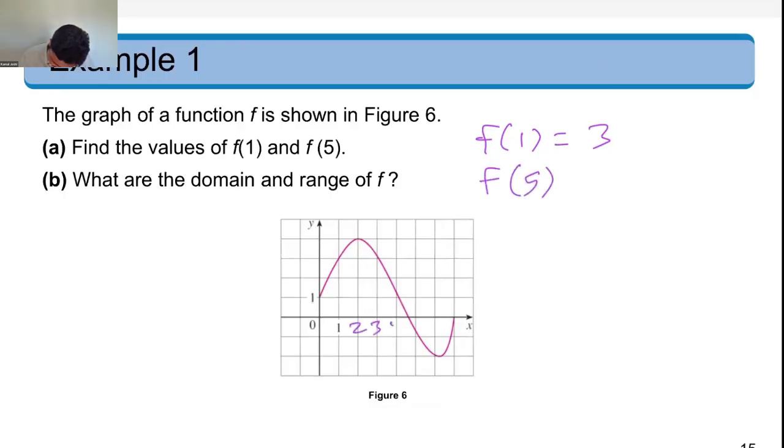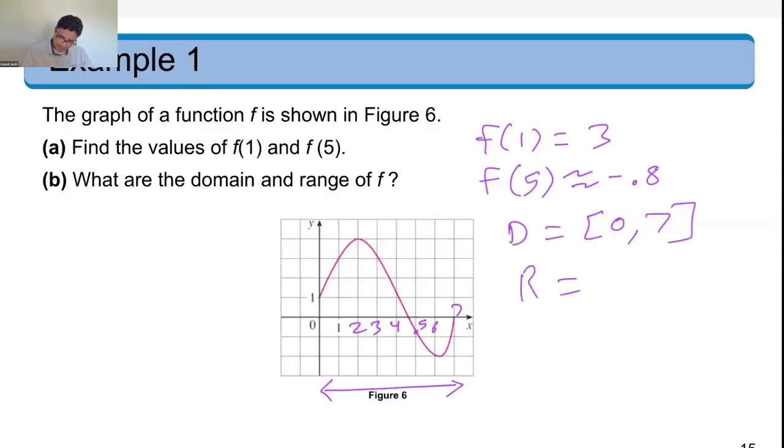Okay, 2, 3, 4, 5. 5 is not exact, it's approximate, so I'm going to write approximate. I don't know, it's below the x-axis, so it's a negative value, maybe negative 0.8, let's say. Okay. And domain and range. I'm writing D for domain. And you can see the extent. It goes from the y-axis here, which is at 0, to 5, 6, 7. So 0 to 7.